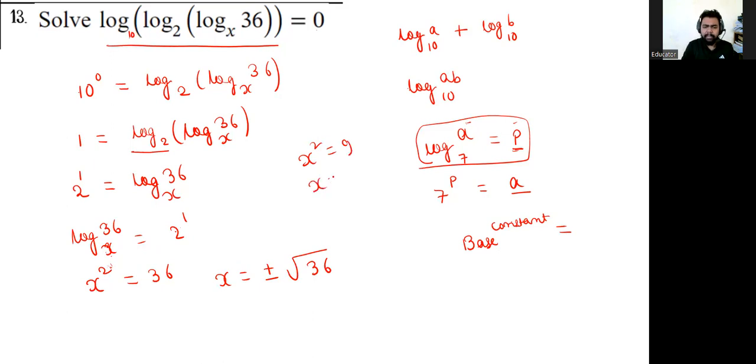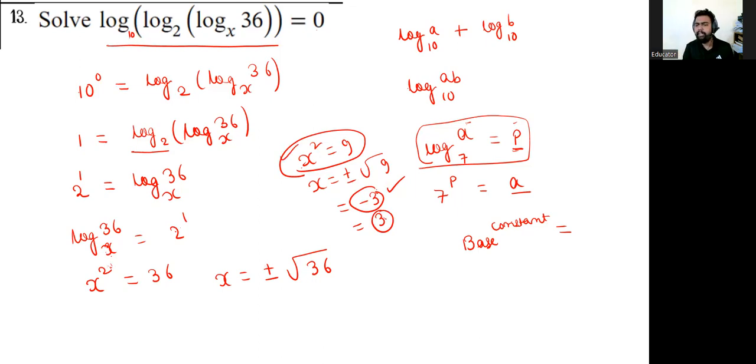Your answer can be positive or negative root 9. That means it can be negative 3 or it can be positive 3. If you plug in negative 3 in this equation, you are going to get 9. So this answer is also true. When you plug in 3, then also this answer is true. So this is how we are solving the square, right? Because we can have two possibilities when we are rooting on the other side.